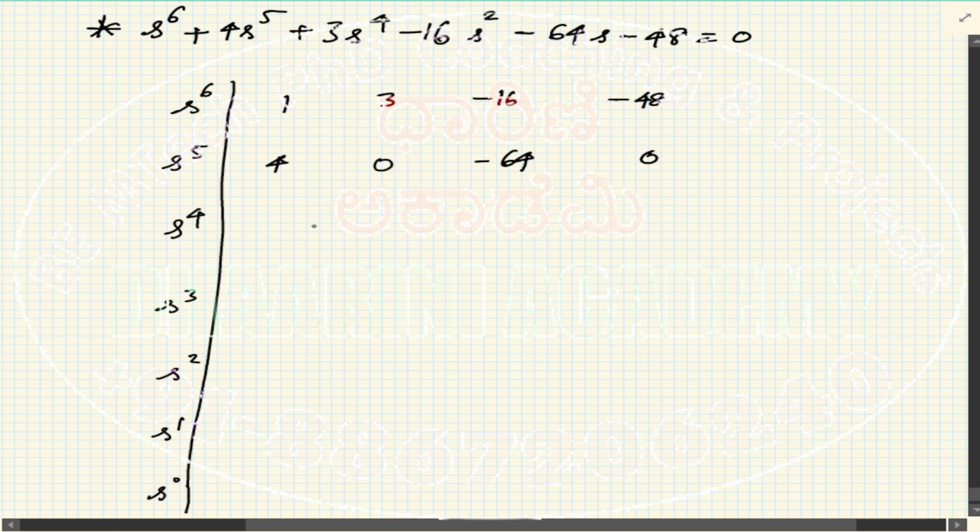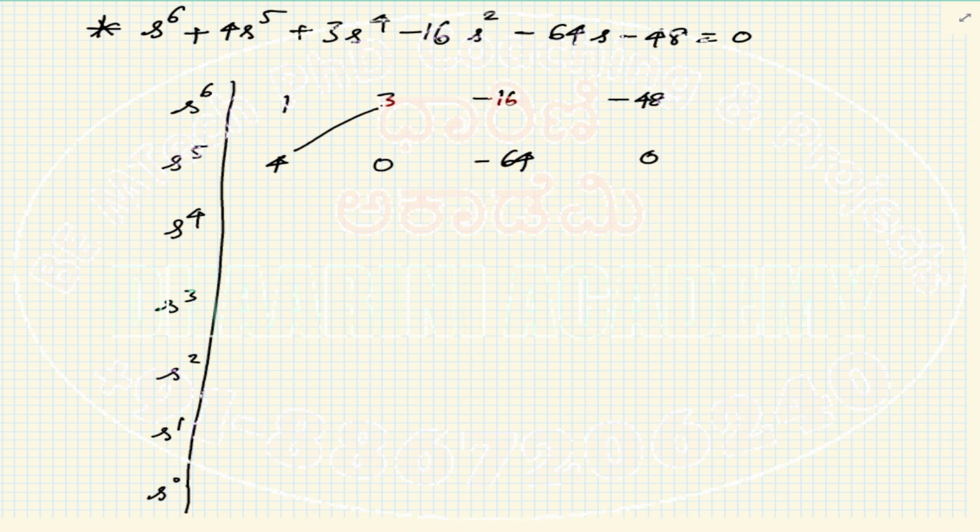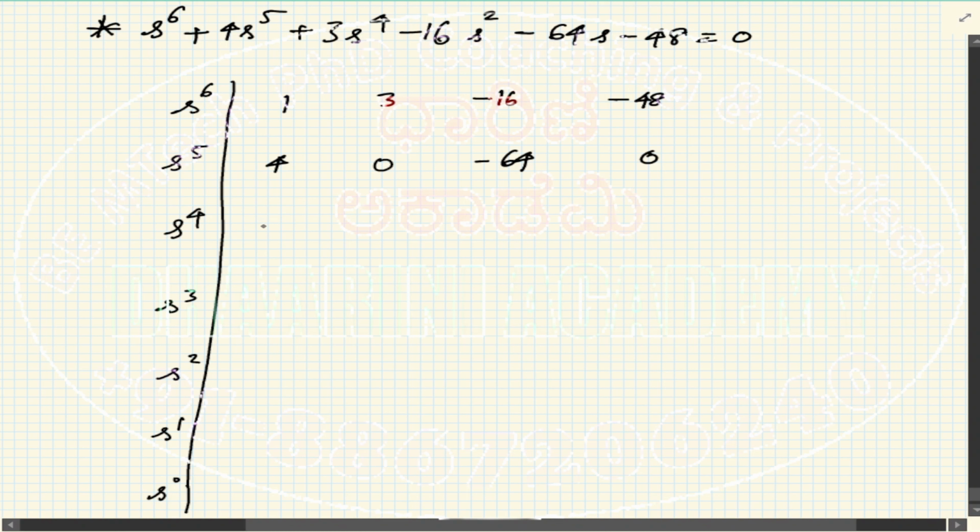So the first number is 0. How is that? See, 4 into 3 minus 0 by 4, so it should be 3, I guess. Can you check once? Okay, then yeah, please proceed.